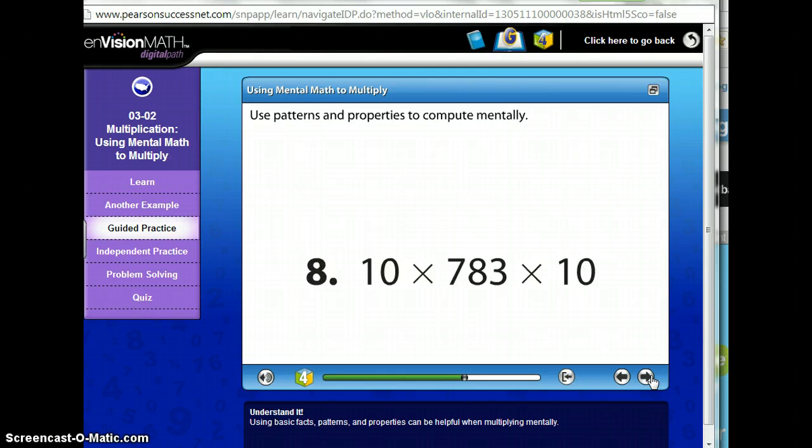Kaden, which would you start with? Okay, that's fine. What is 10 times 10? 100. So now we're left with 100 times 783. Tell me what to write, and I'll write it.